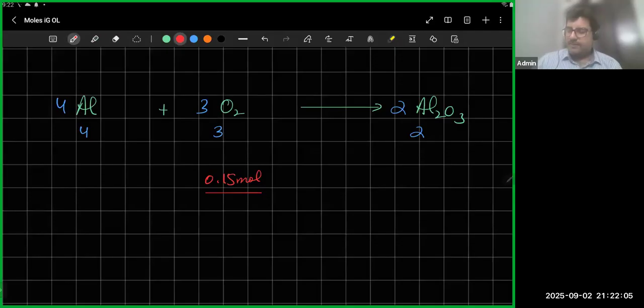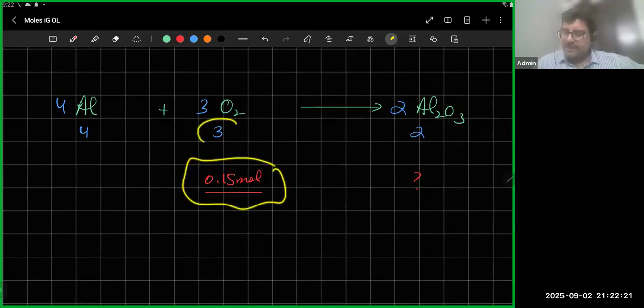So how would you be quick? If you want to find the moles of this thing, don't use ratios. There's this quick shortcut, which is this. If you know the moles of any one of the substances, take those moles, divide it by the ratio of that substance, and multiply it by the ratio of the other substance. So this is going to be 0.15 divided by 3 times 2.